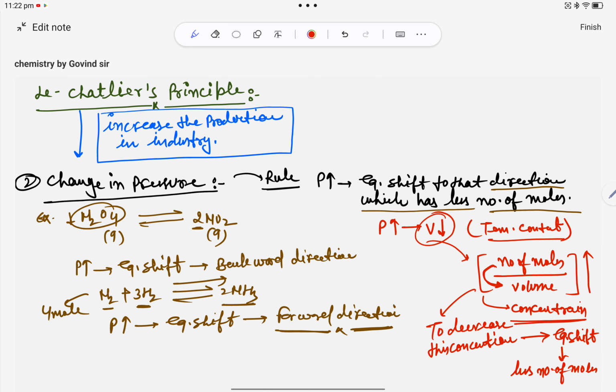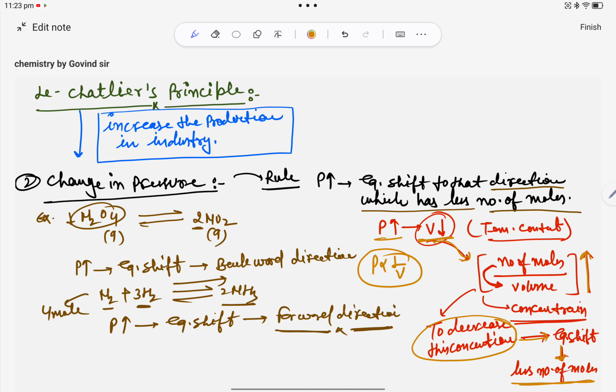Once again, if you increase the pressure, volume decreases, which means concentration increases, because the number of moles per unit volume increases. Then the equilibrium wants to decrease the concentration, so it shifts where you have fewer moles. That is the concept here, and we know the rule because pressure is inversely proportional to volume.